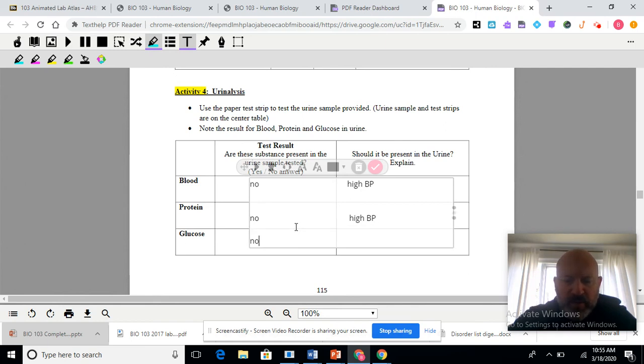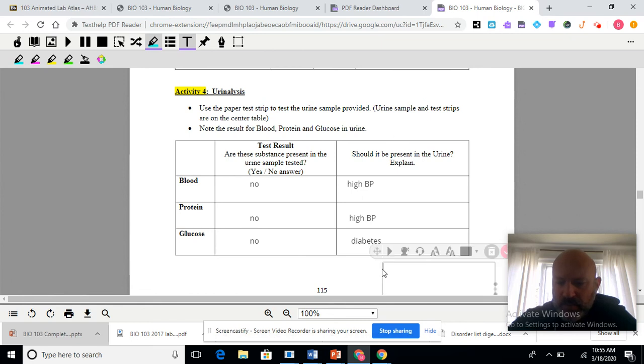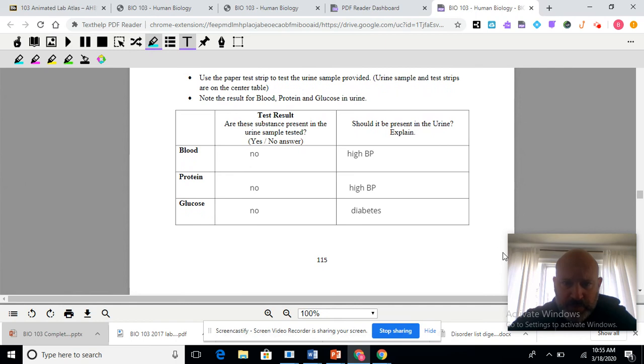Glucose should also not be in the urine. If there is glucose in the urine, that is a sign of diabetes. Right? I'll keep doing that. Right, moving on.